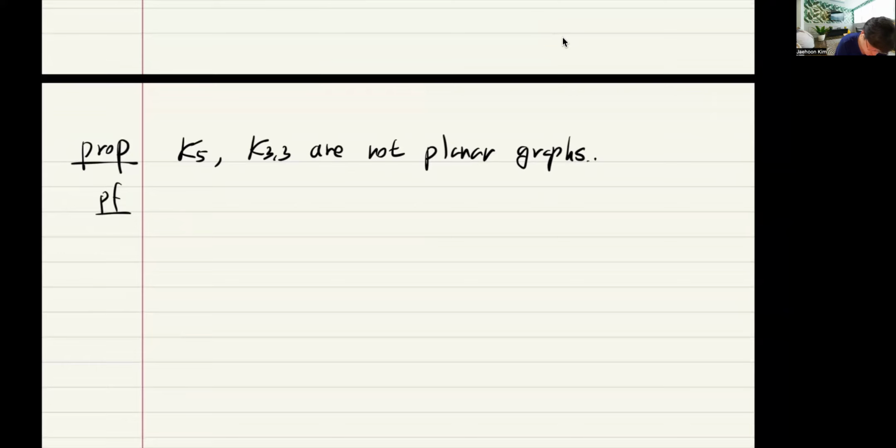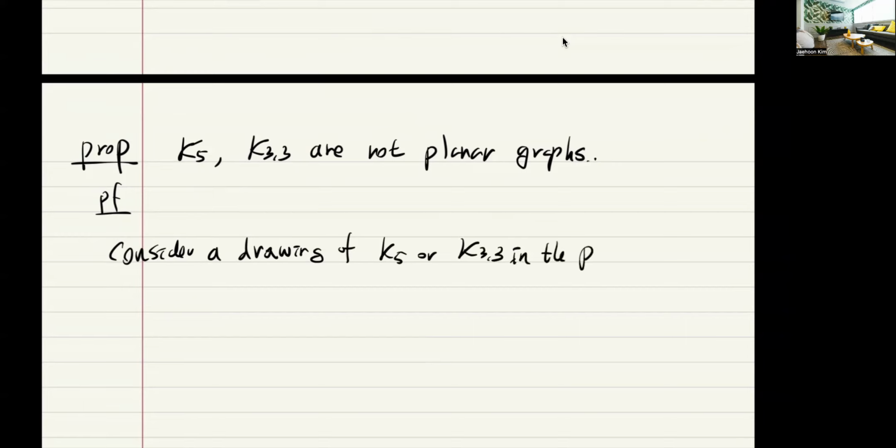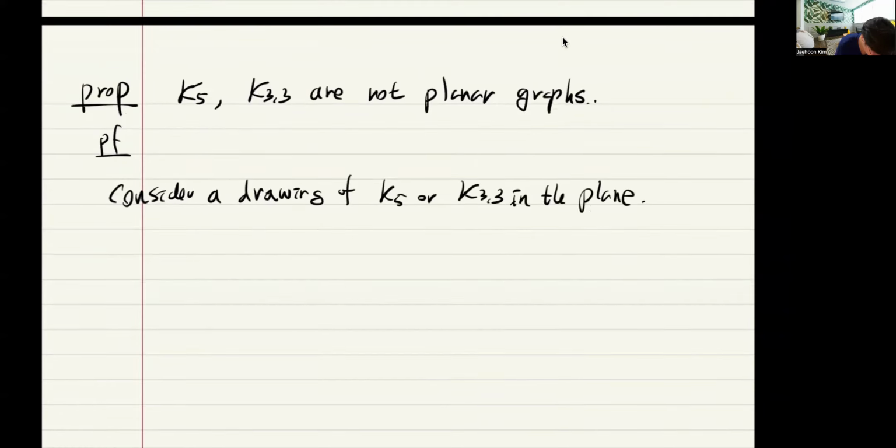One of the common properties of these two is that both of them have a Hamilton cycle, a cycle that spans all the vertices. So we consider a drawing of either K5 or K3,3 in the plane. And let's look at the spanning cycle, the Hamilton cycle.